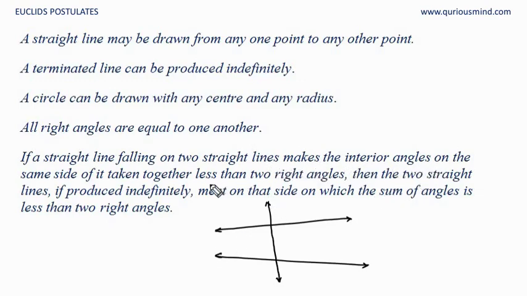It makes interior angles on the same side. So there are two pairs of interior angles. This is one pair of interior angles on the same side, and there is one more pair of interior angles on the same side, which is this.